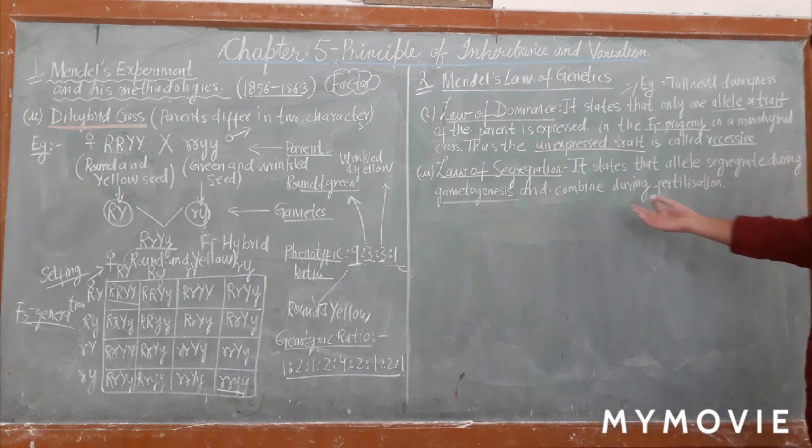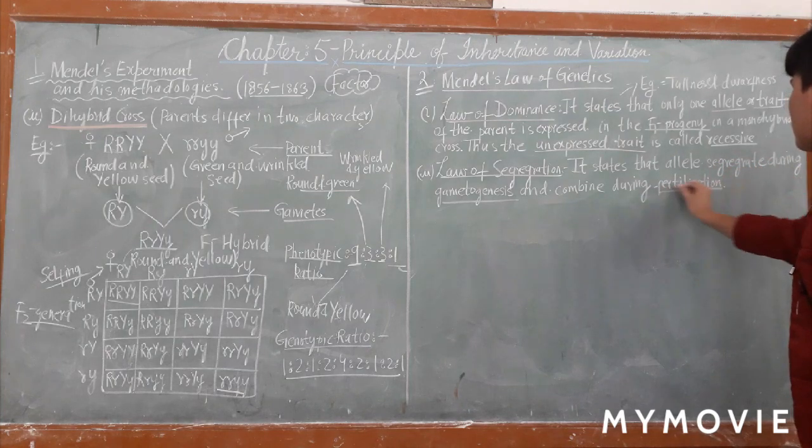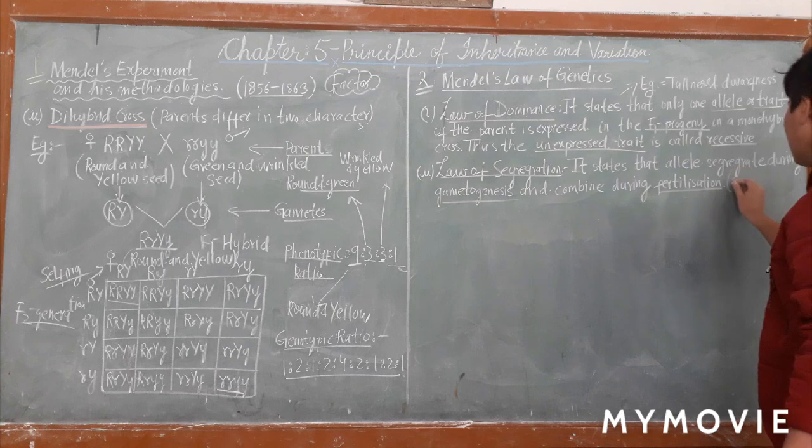Alleles segregate during gametogenesis and combine during fertilization, or you can say syngamy.